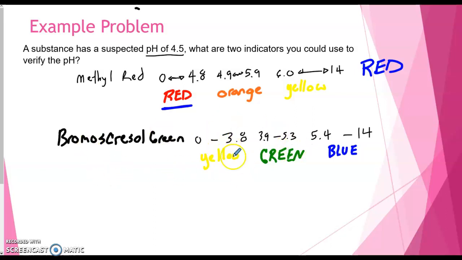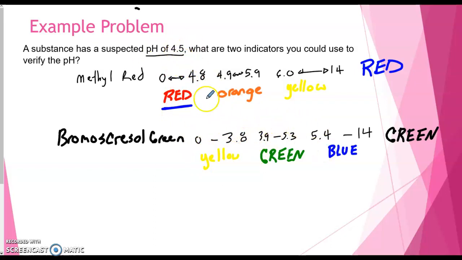So if we're expecting our pH of 4.5 and we test this, we should expect that it's going to come out green. Now, if we all of a sudden got yellow, that would tell us our pH would be actually below 3.8, so this wouldn't be true.